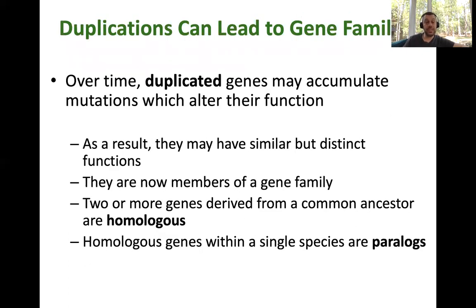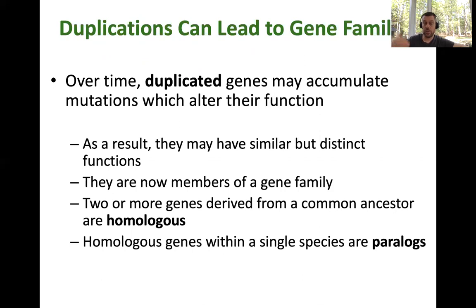So duplications can lead to gene families, which give genes that are very similar, but have distinct functions from each other. These two genes that are derived from a common ancestor are called homologs. And when they're within a single species, they're called paralogs.